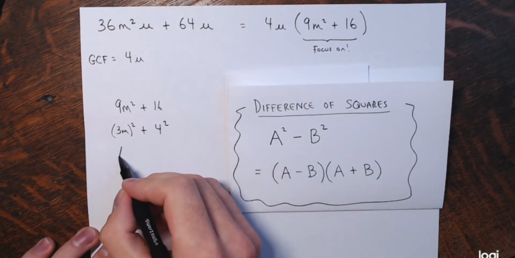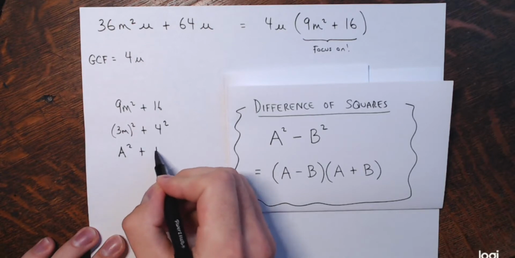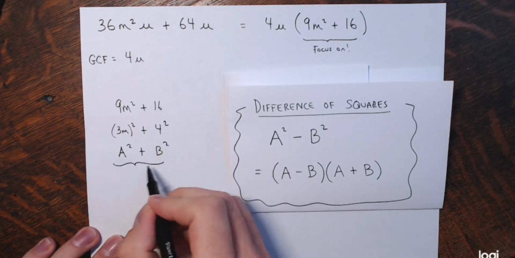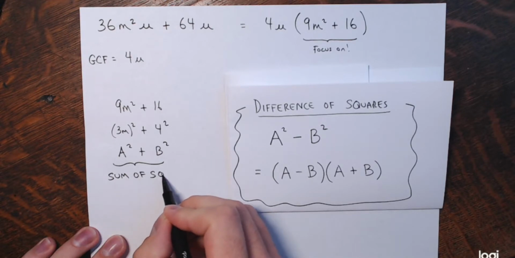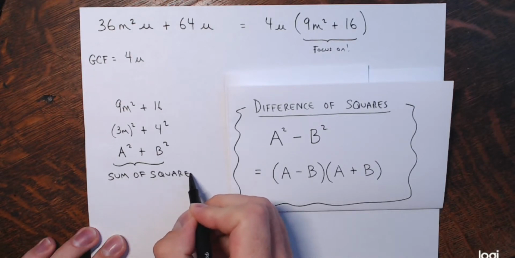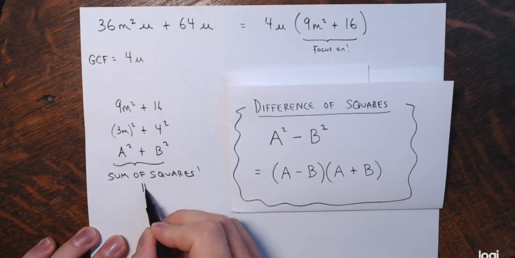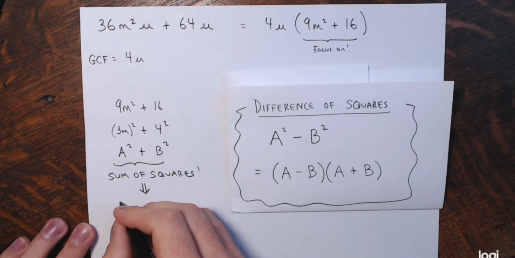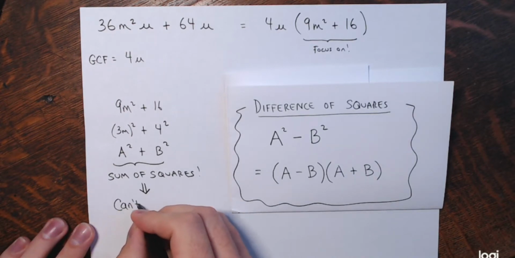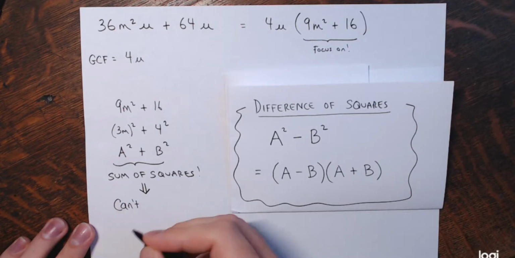This would be like a squared plus b squared. This is a sum of squares, not a difference of squares. And a sum of squares can't be factored any further over the integers. I know I say it every time, so that the coefficients are integers.